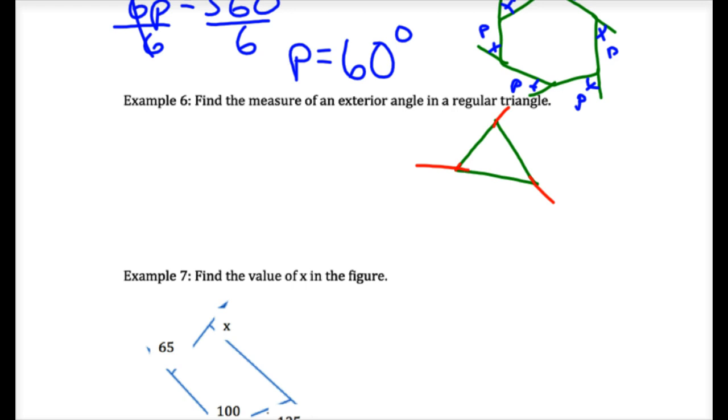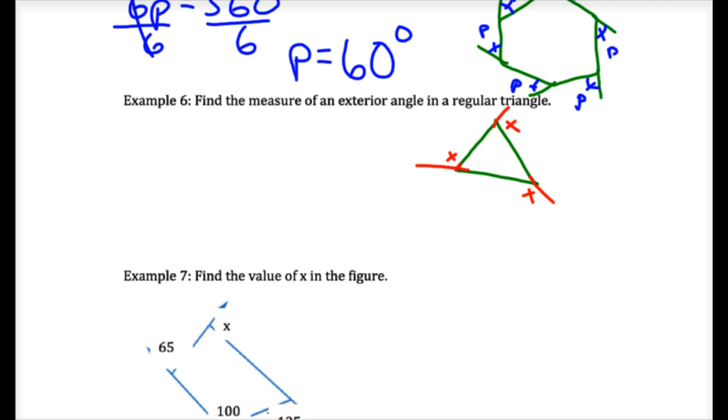Give me your favorite variable to represent the measure of each of those angles. X. Because it's regular, they're all the same, so we can represent them with the same variable.